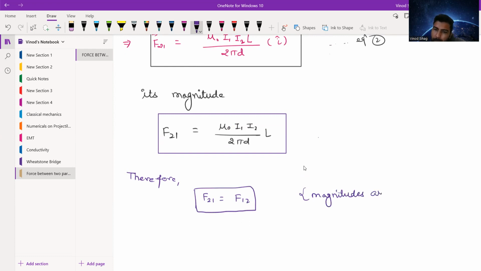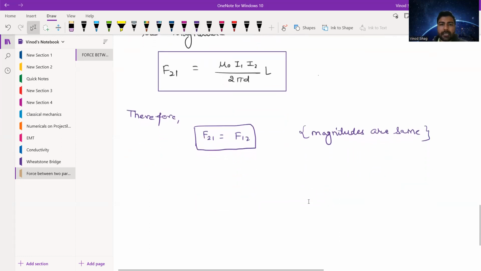Magnitudes are same. Now in the vectorial form, we can see that F21 is nothing but negative of F12. Okay, that we can see.